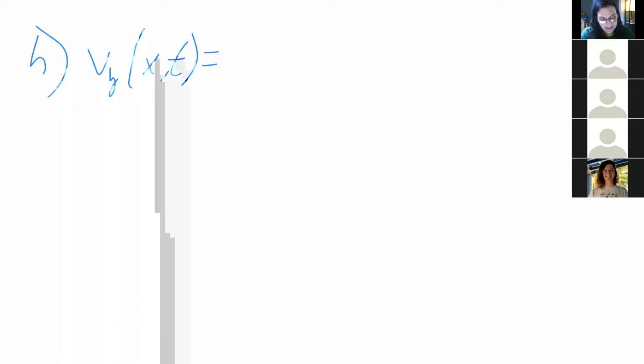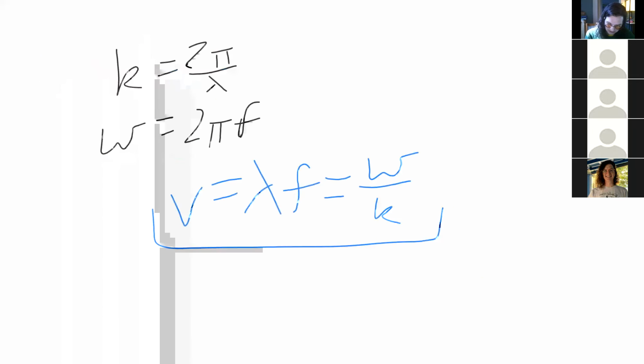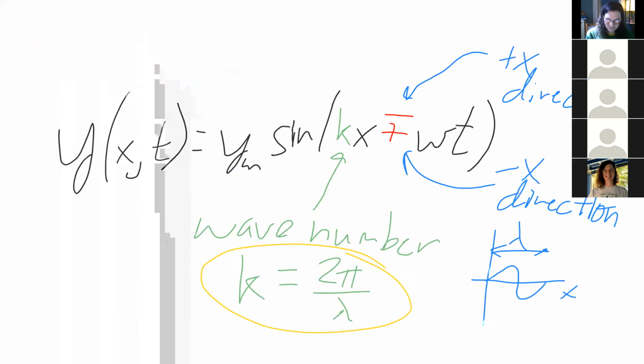So I am going to break some rules of math here and just say, we know that the velocity is a derivative with respect to time, right? So we can differentiate this function with respect to time and just treat everything else like it's constant.